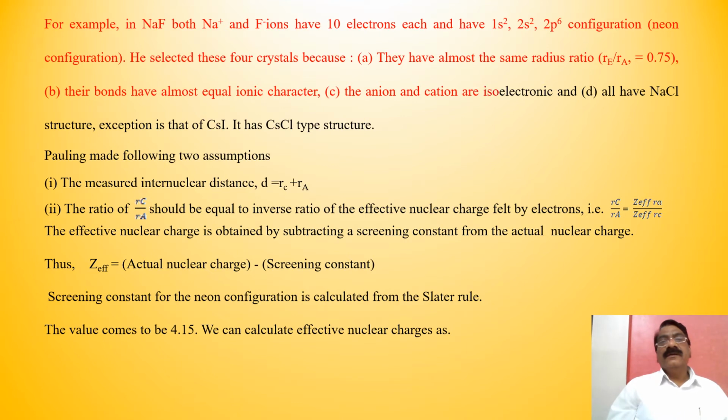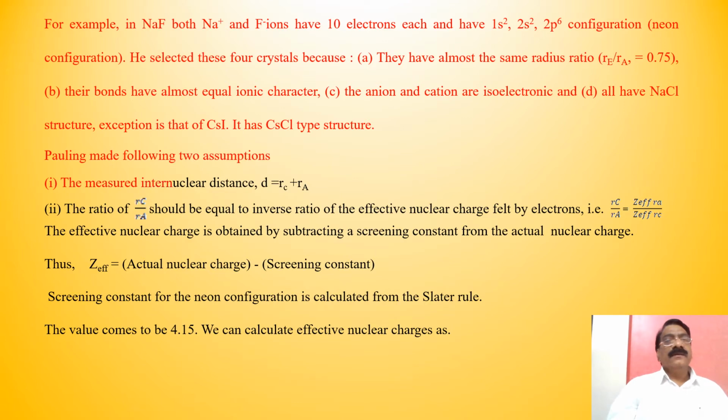Third, the anion and cations are isoelectronic. And fourth, they all have NaCl structure. Exception is that of CsI. It has CsCl structure.